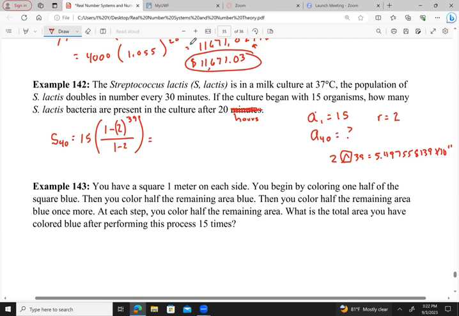So I'm going to get 15 times 1 minus that, which is kind of hard to write. So I'm just going to do 1 minus that over negative 1. So minus 1 divided by negative 1 times 15.